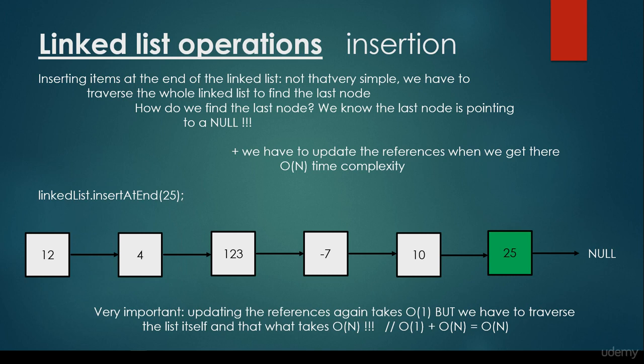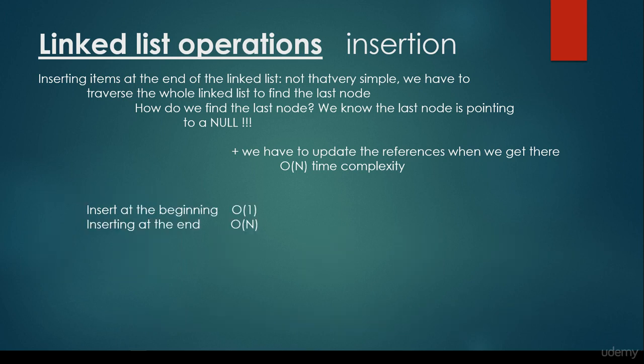Okay, it's very important that updating the references again takes constant time complexity, but first we have to traverse the list itself, and that takes order n. So order 1 plus order n is equal to order n. Okay, so that's why inserting items at the end of the linked list takes order n linear time complexity, while on the other hand, inserting items at the beginning of the linked list takes order 1, so constant time complexity.